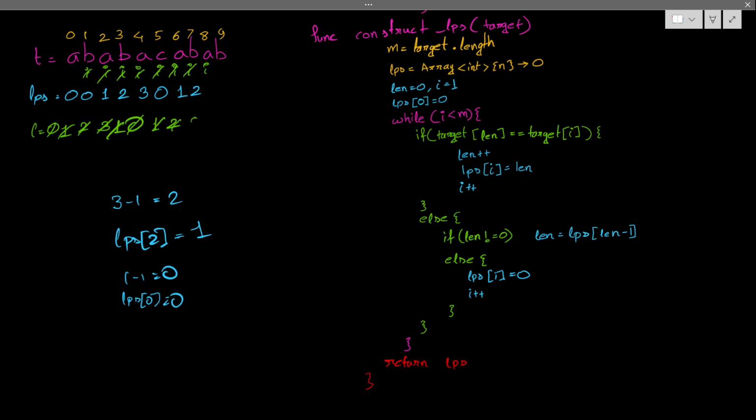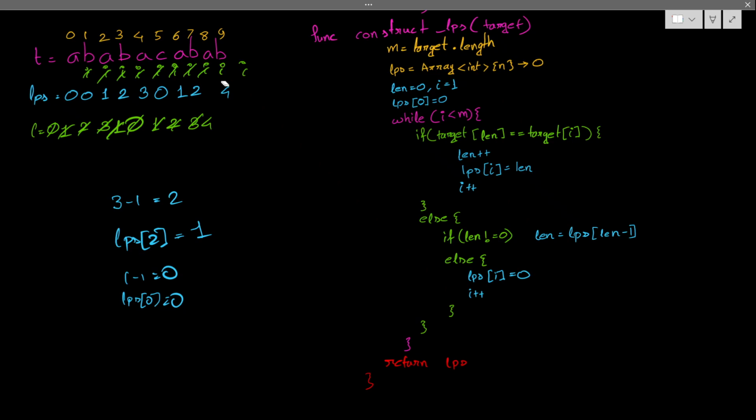Again matching, length becomes 3, and I is incremented. Last, this is also matching with the length 3 index. So it will be updated as 4, the same thing is updated as 4, and I goes to the next place. So it is out of the array. This is how we can create our LPS array.